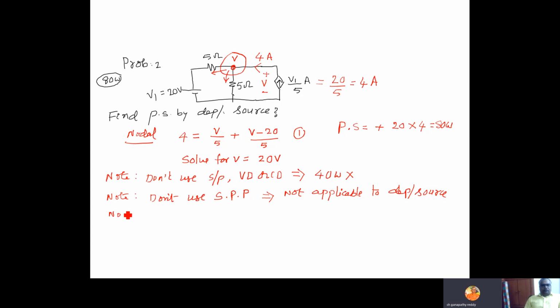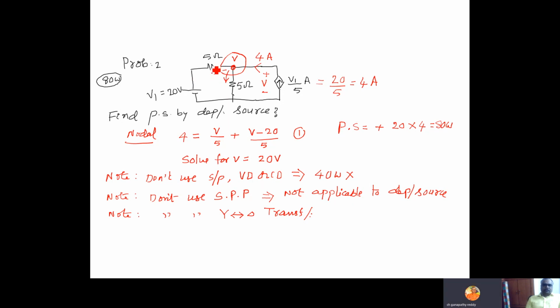And another note, don't use star to delta transformation. Why star to delta?